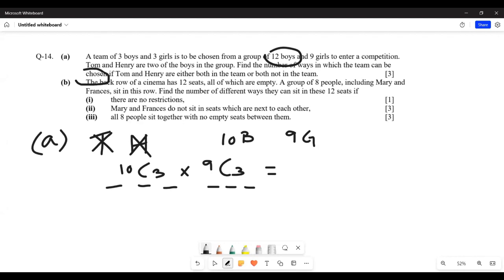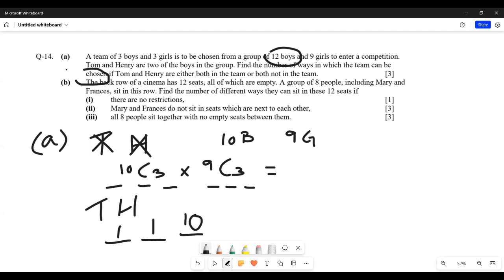Okay. And now I'm going to consider that both of them get chosen. So from the boys, Tom takes one spot and Henry takes one spot. And then the third spot can go to any one of the remaining 10 boys. So you can write 10C1 or just 10.